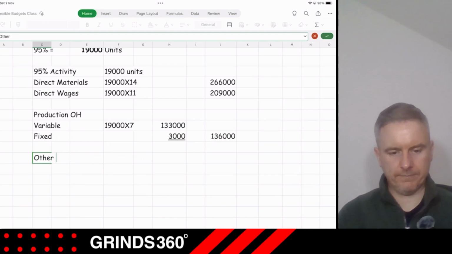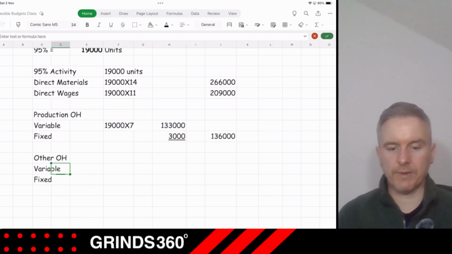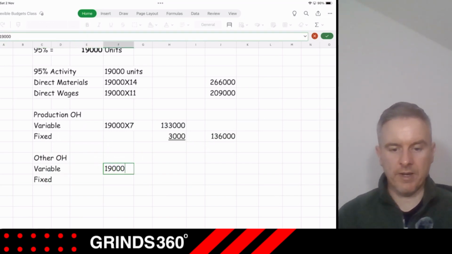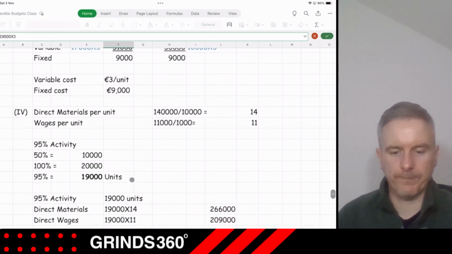Other overheads, so there's going to be a variable and a fixed. And remember, you're keeping this consistent. You're laying it out the same way. So 19,000 by 3 is the variable element, just to show you where that's coming from. This one here, the €3 per unit.